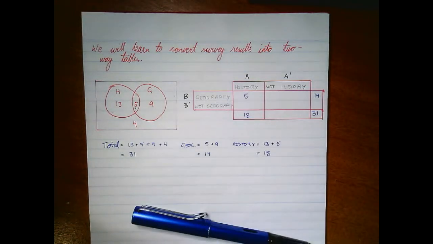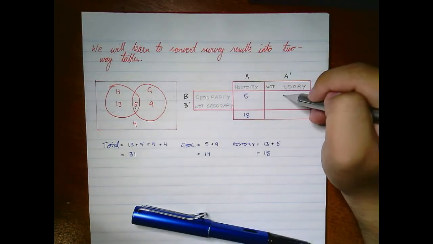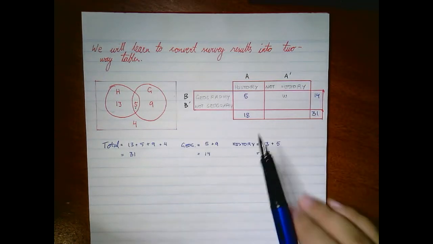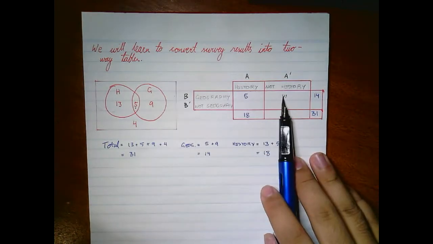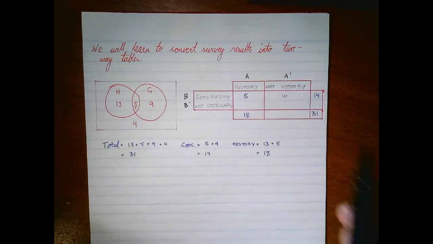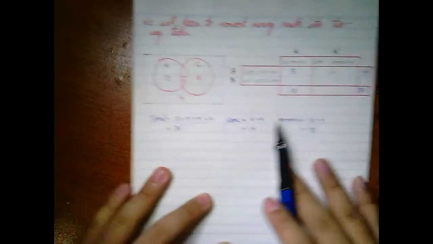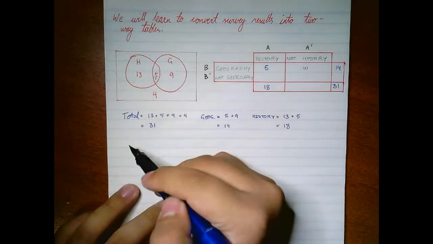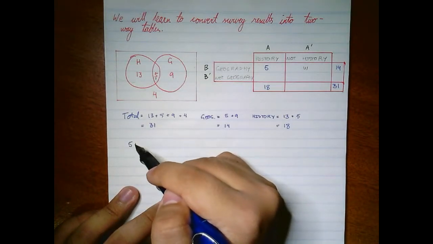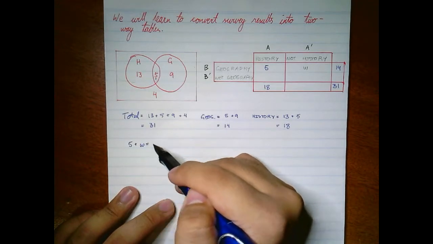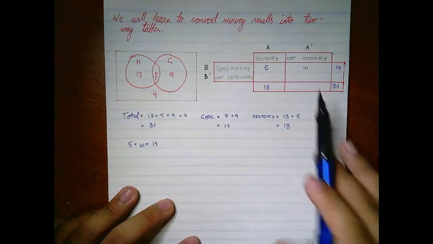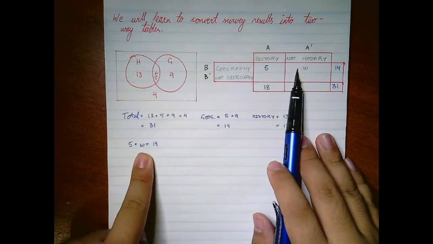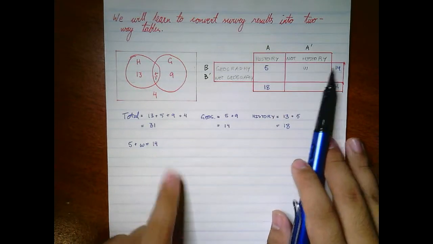I'll label it W. We don't know what W is, but we do know that 5 plus W will equal 14. So 5 plus W equals 14.